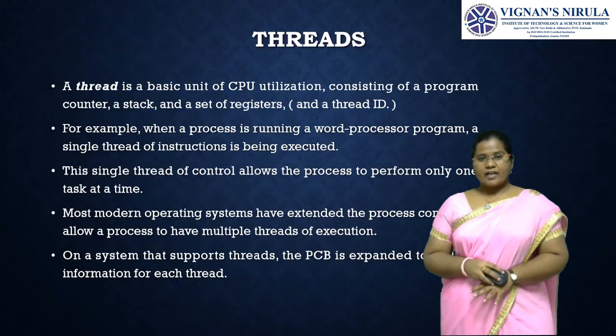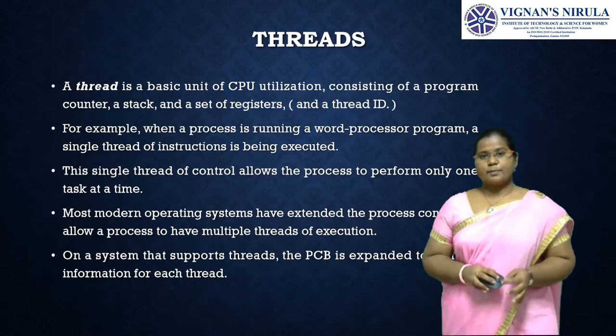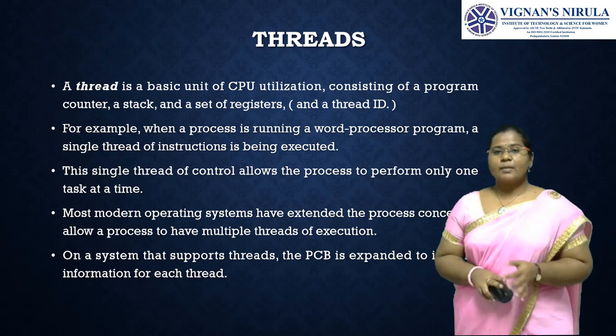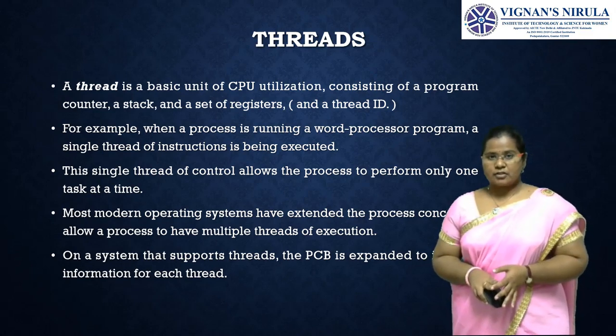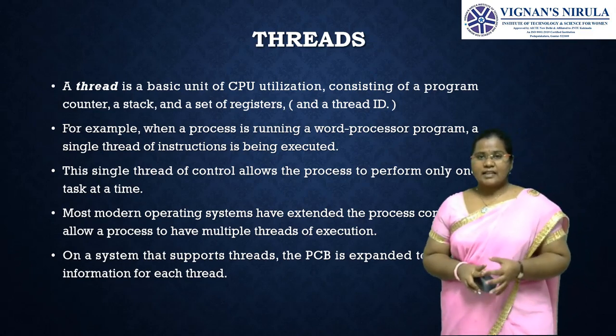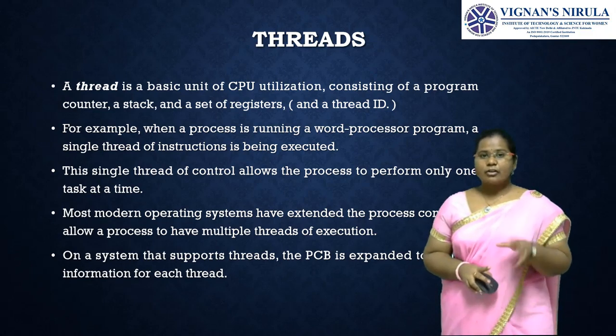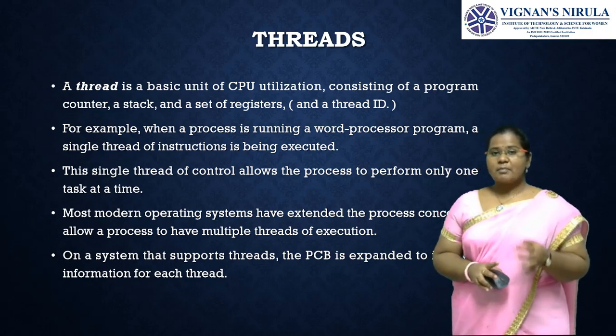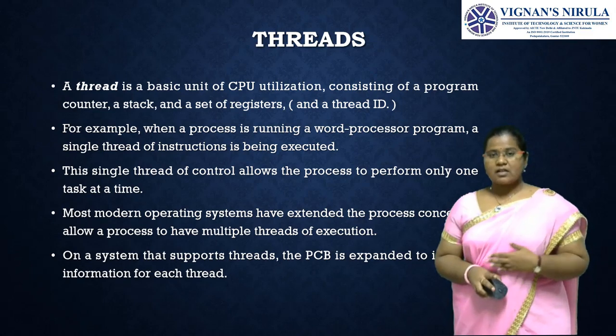And then we have a small concept of threads. A thread is a basic unit of CPU utilization, or you can think of a thread as a part of a process. A process can be divided into different parts and each part is called a thread.